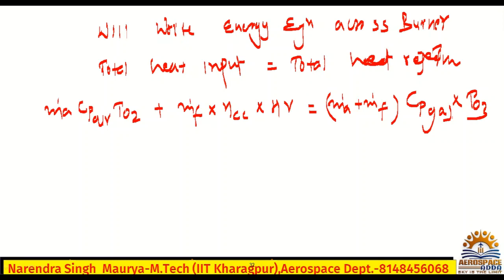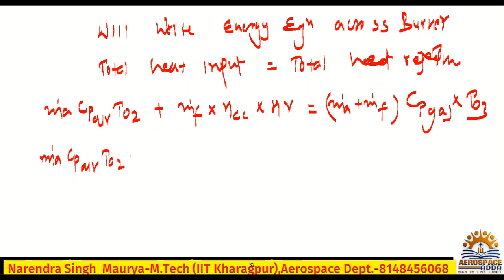All right, we need to calculate m dot f. So I will take one side this value: m dot a Cp of air T02.